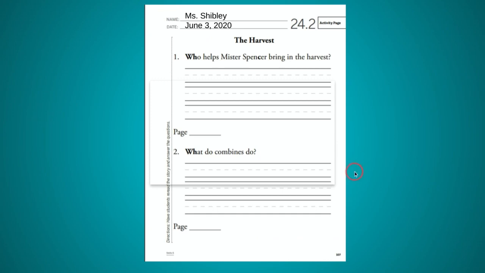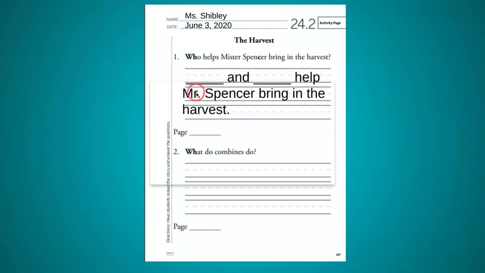Number 1. Who helps Mr. Spencer bring in the harvest? So who was it? Who helped him bring in the harvest? Okay, so we rephrased the question and we have 2 blanks this time because there are 2 people that help him.